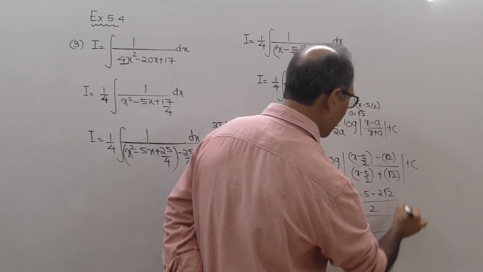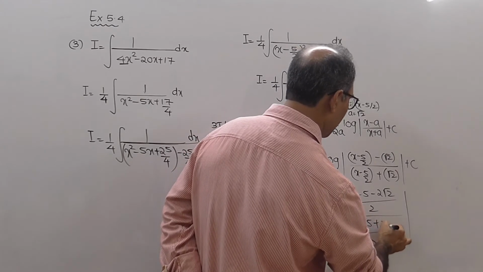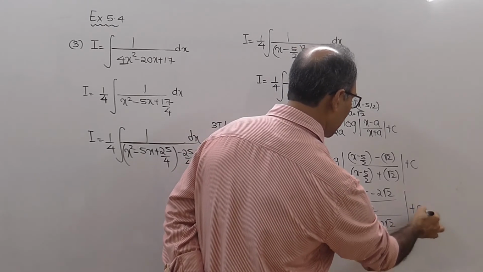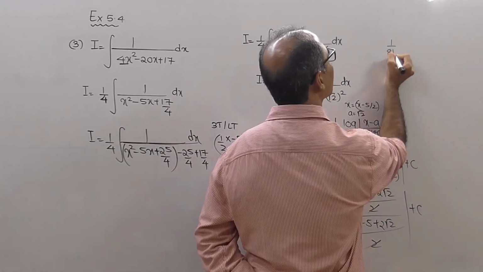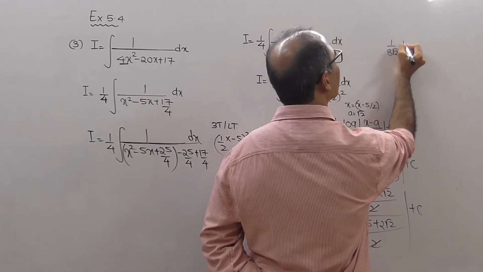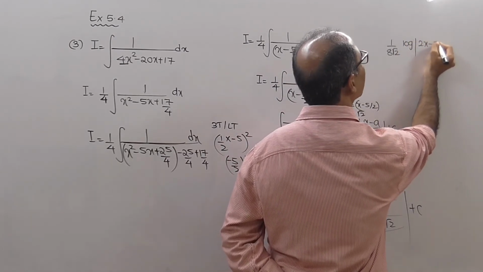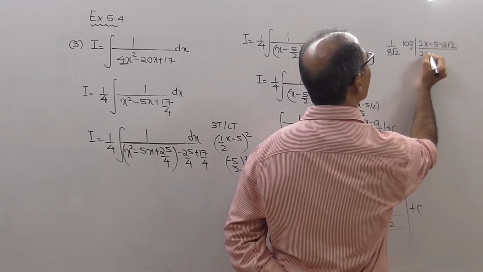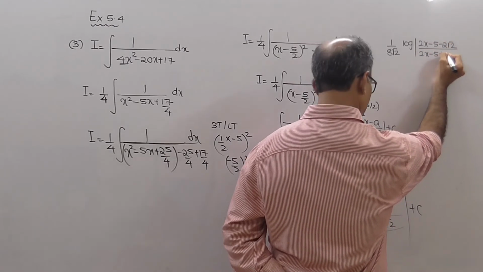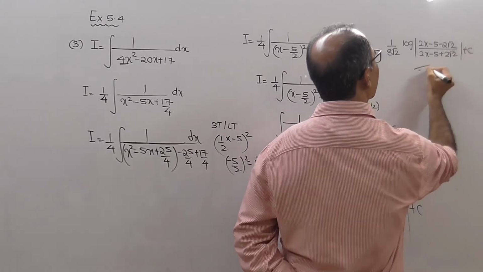And I think again you can take 2 as LCM, you get 2x minus 5 plus 2 root 2 and this is plus c, cut it, you get this as 1 upon 8 root 2 log modulus (2x minus 5 minus 2 root 2) upon (2x minus 5 plus 2 root 2) modulus close plus c.